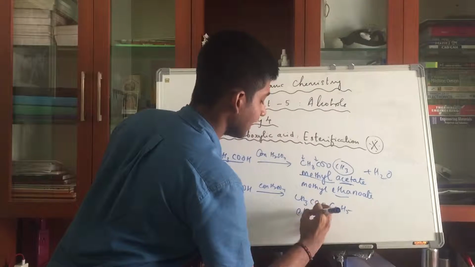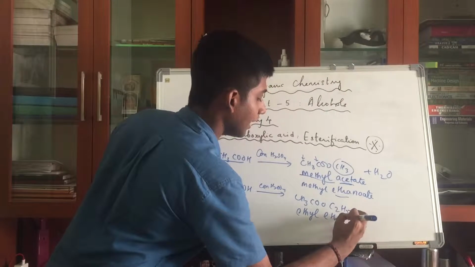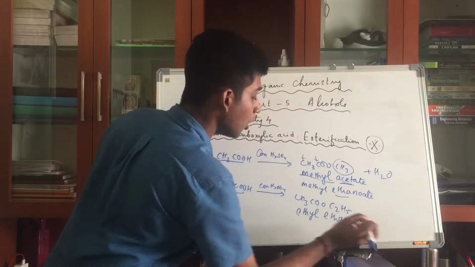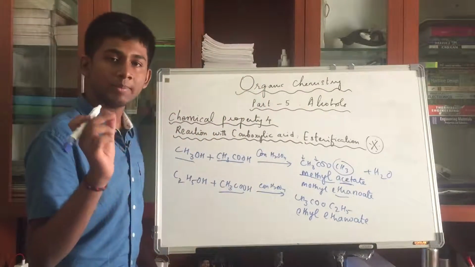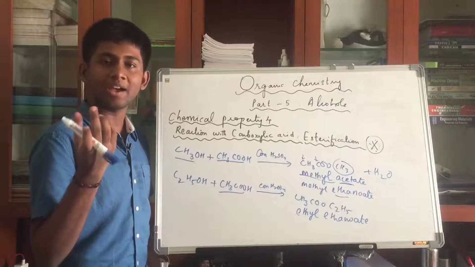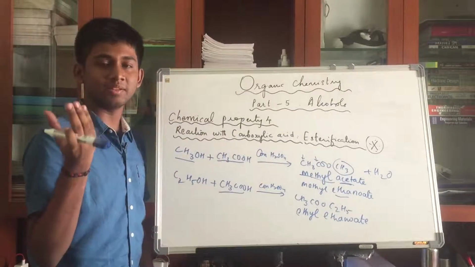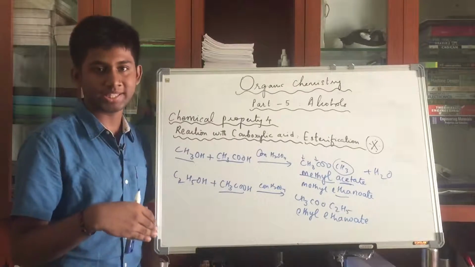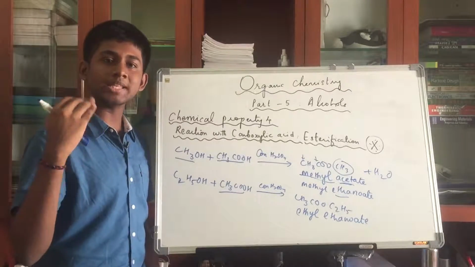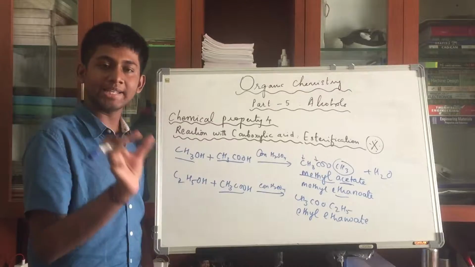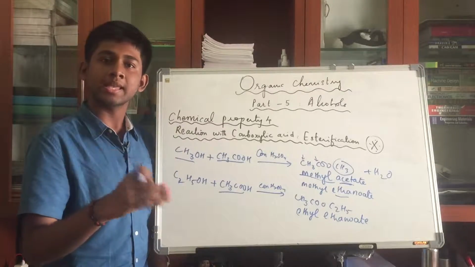So you will get ethyl ethanoate or ethyl acetate. Ethyl acetate will not follow the IUPAC rules, because the word acetate cannot be used under IUPAC nomenclature rules. According to IUPAC nomenclature rules, you should have a clear root word, then a prefix and then a suffix.